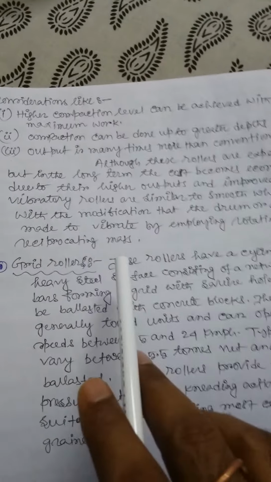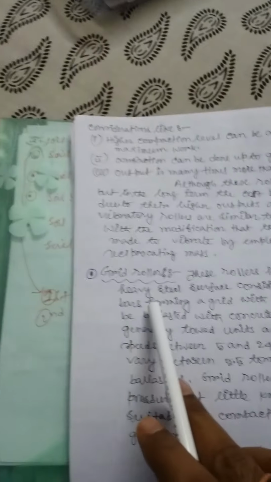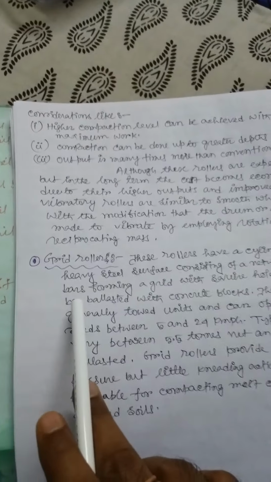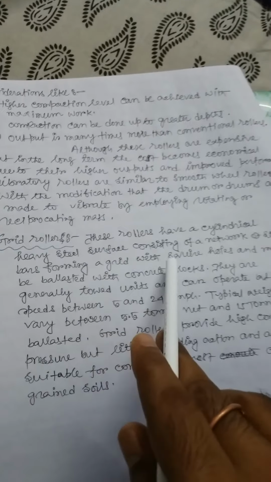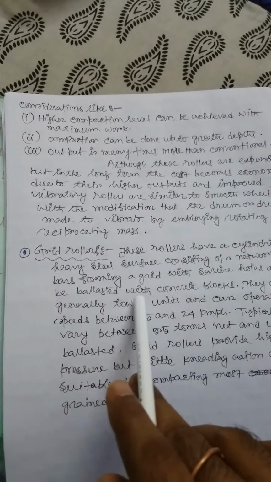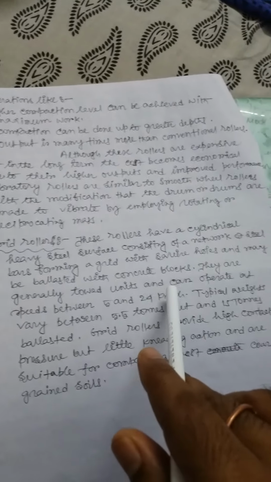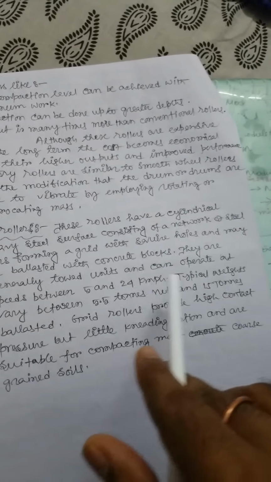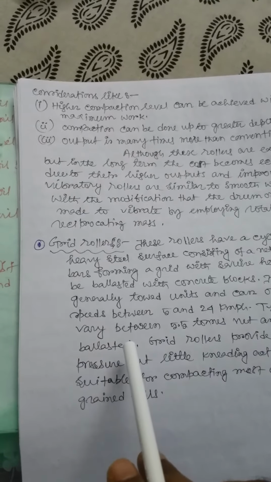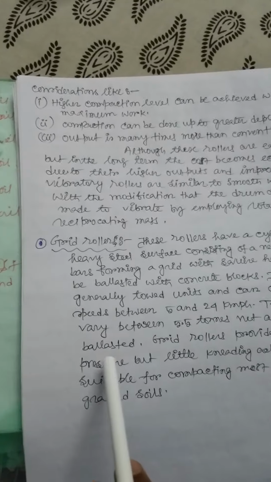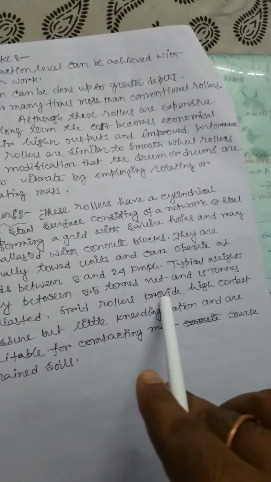So the grid roller: these rollers have a cylindrical heavy steel surface consisting of a network of steel bars forming a grid with square holes, and may be ballasted with concrete blocks. They are generally towed units and can operate at speed between 5 and 24 kilometers per hour. Typical weight varies between 5.5 ton net and 15 ton ballast.